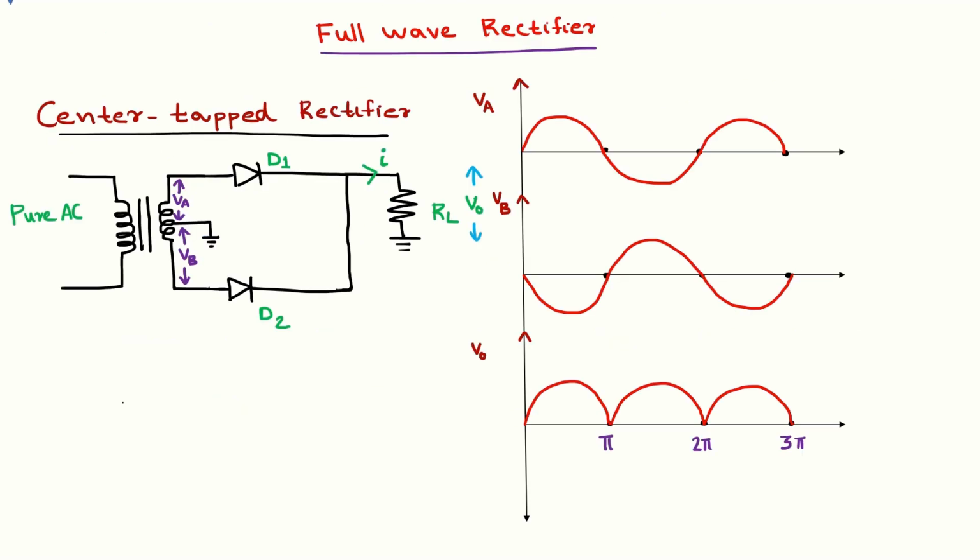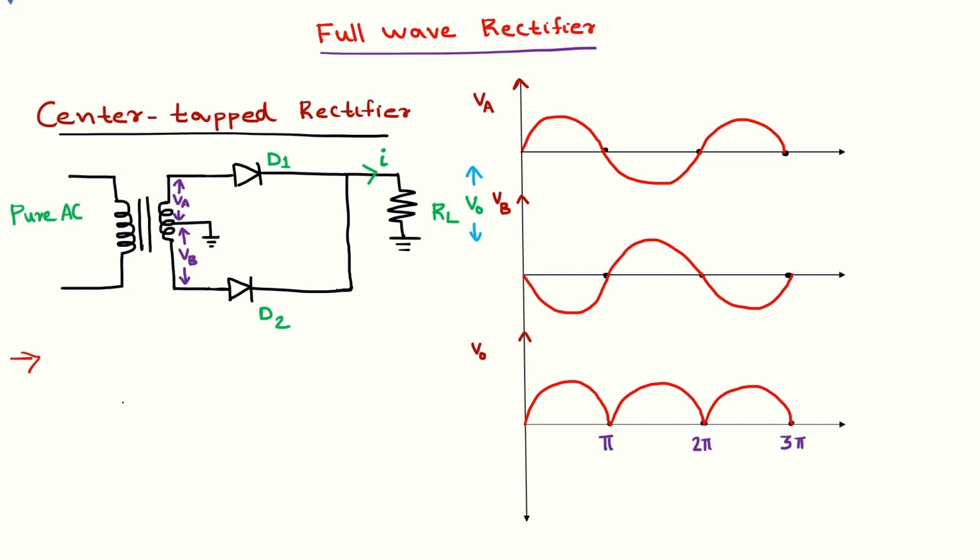Next, we are going to see the full wave rectifier. Full wave rectifier is divided into two types: center tapped rectifier and the bridge rectifier. First, I will explain the circuit diagram and the working of the center tapped rectifier.